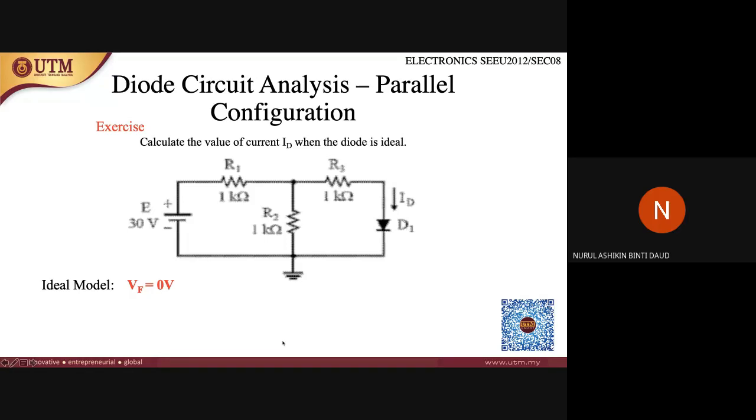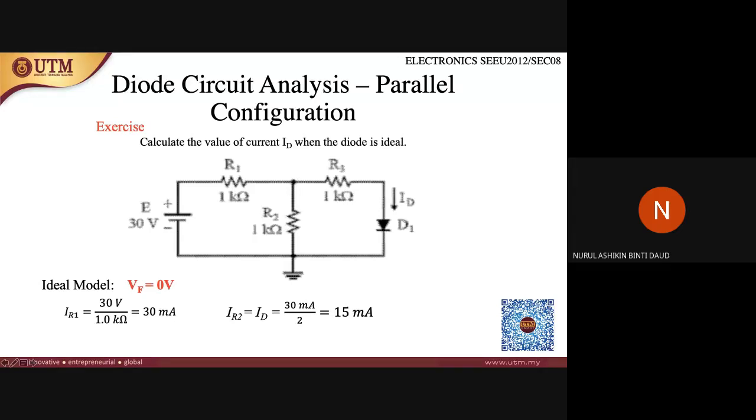In this case, for the ideal model, since the question says the diode is ideal, it means that VF is 0. We don't consider the diode drop at all for this diode. So VF is 0.